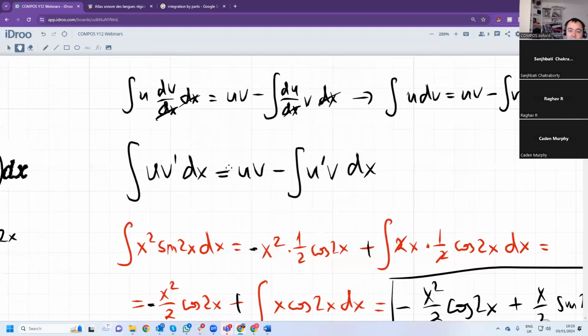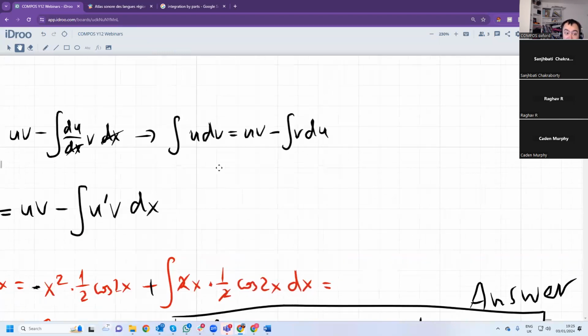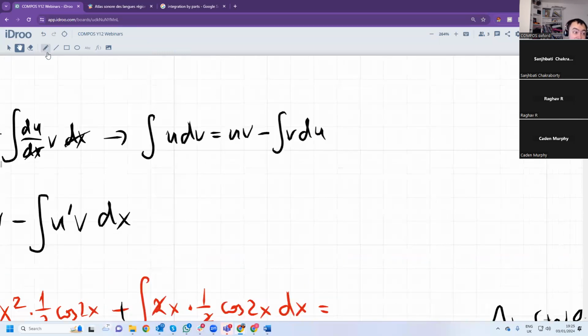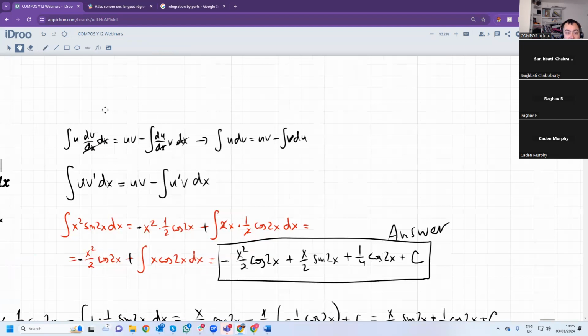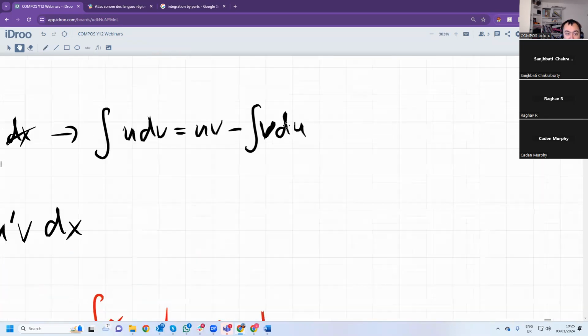Now this is a shorter way. I like it better, but it's not that easy to get your head round. It takes time to realize what to do here.